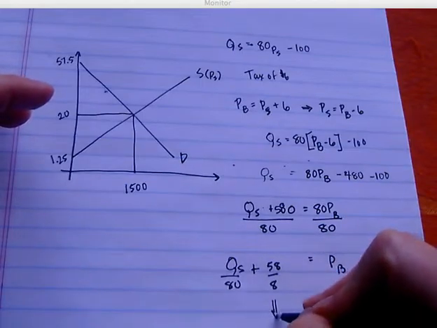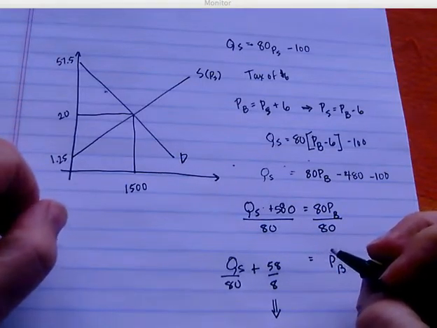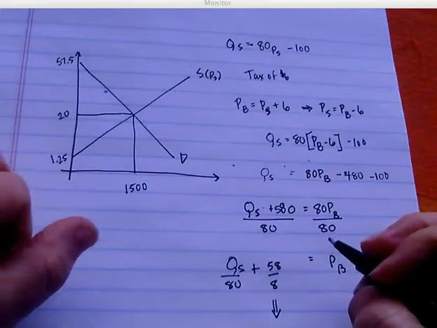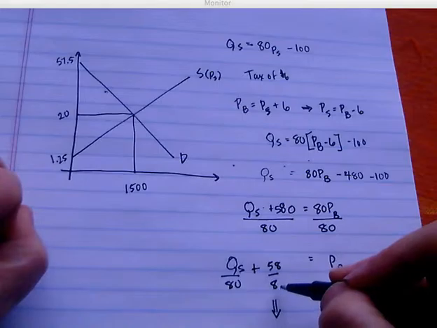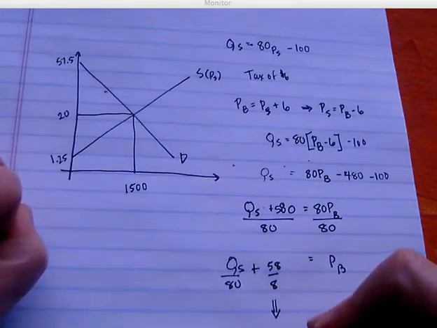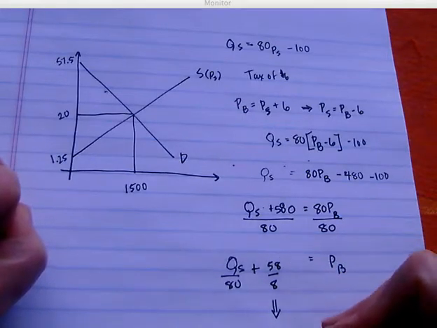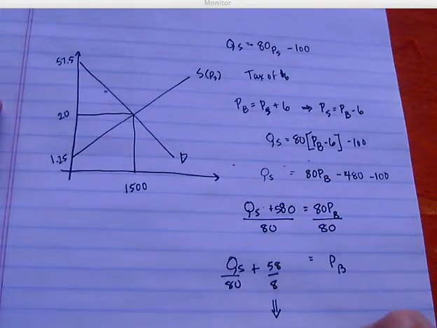And then if we want to simplify that even further, 8 goes into 58. Well, 8 times 7 is 56, so that's 7 and 2 eighths, 7.25. All right, so this is our new PB equals quantity supplied over 80 plus 7.25.